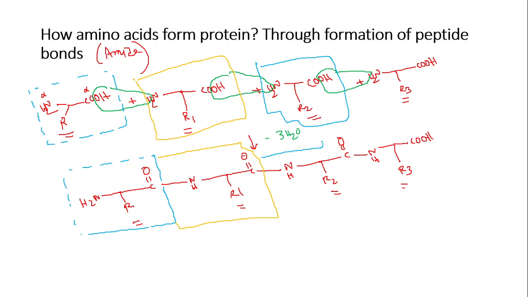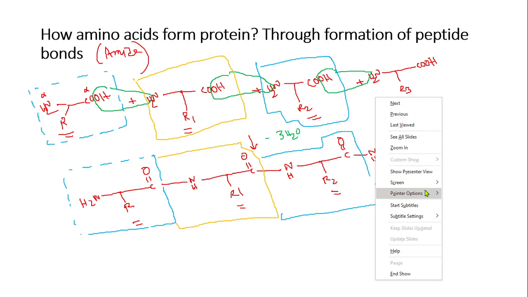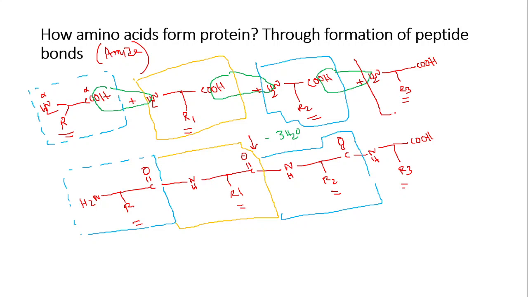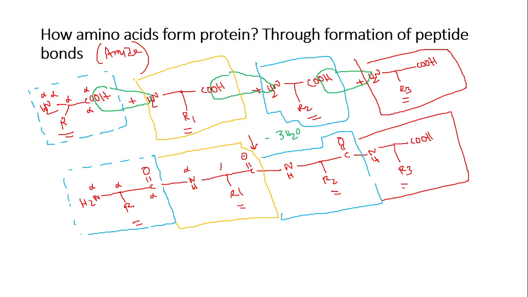Then the next one, this one right over here, followed by the last one right here. One thing you should look at is that the backbone, the alpha amino, alpha carbon, and alpha COOH, is being repeated. Alpha amino, alpha carbon, alpha COOH, again and again. They are being repeated.